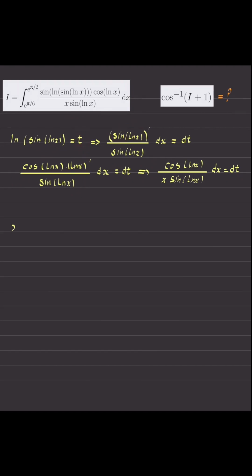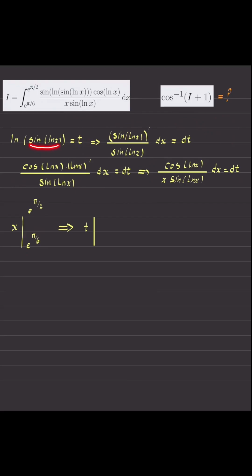So I would say that x varies from e to the power pi over 6 to e to the power pi over 2. So what does this imply for t? That's easy. If x is e to the power pi over 6, I put it here to see what t is. But ln of e to the power pi over 6 brings the exponent down, so it becomes pi over 6 times ln of e, and this is 1. So this becomes ln of sine of pi over 6.